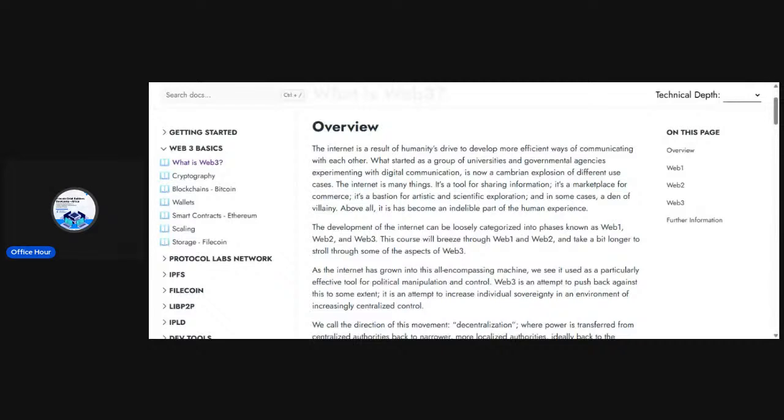So Web3 is an attempt to push back against this to some extent. It is also an attempt to increase individual sovereignty in an environment of increasing centralized control. You can imagine if Web3 was not there, Facebook, Mark Zuckerberg was something else earlier on, but with the presence of Web3, a lot of things have been broken down, so many wings, everybody is now coming up.